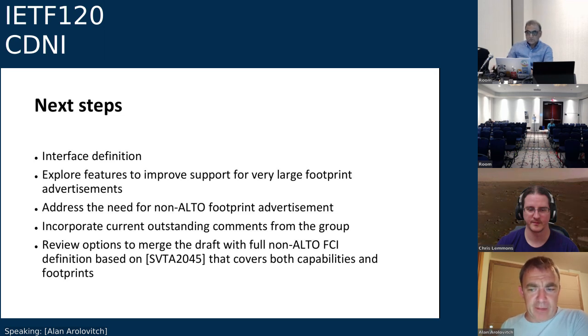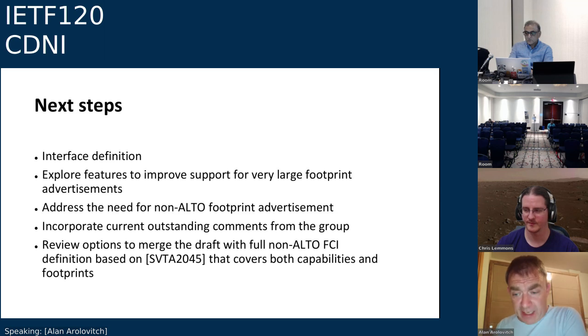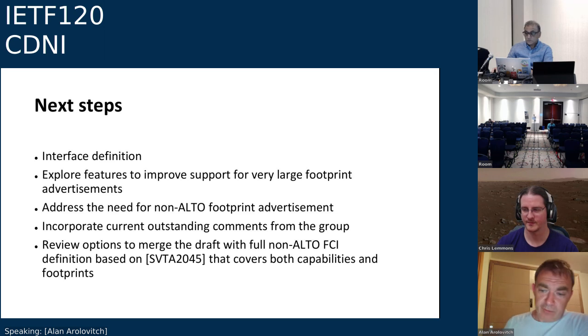The most important decision is to make a call on how this stands together with the broader FCI definition. There is a CDNI document that addresses capabilities advertising in a non-ALTO way using REST. So do we pursue this as two separate drafts, one for footprints and another for capabilities, or do we look to merge those two into one CDNI draft?